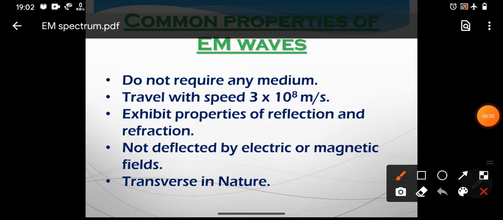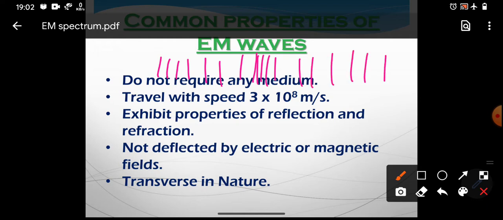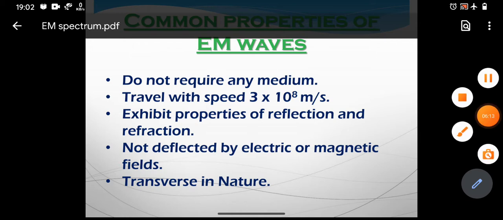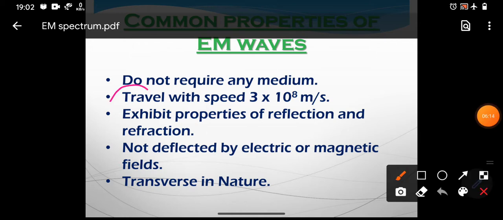The waves which go in the form of compression and rarefaction are known as longitudinal waves. And those waves which go in the form of crests and troughs are known as transverse waves.